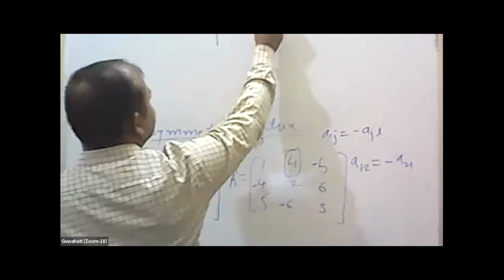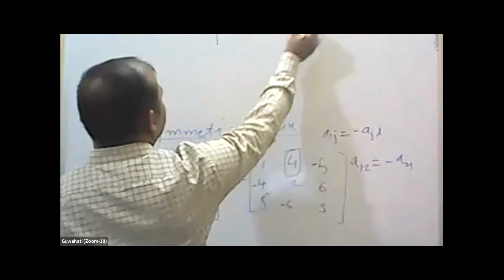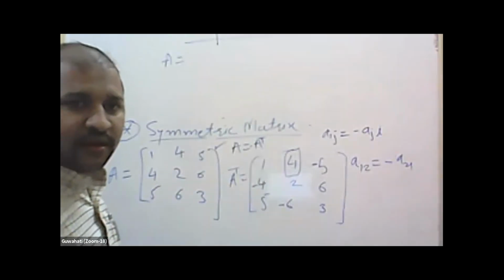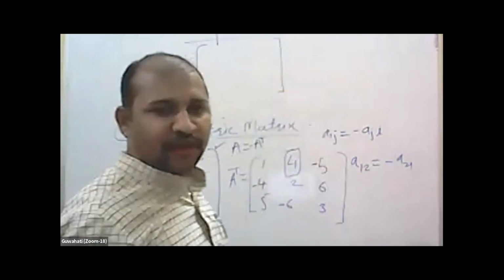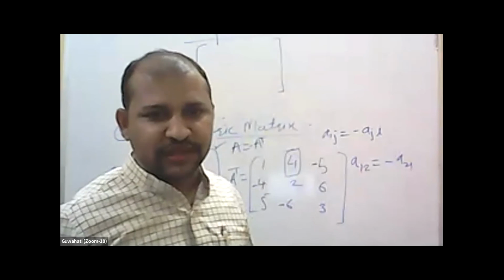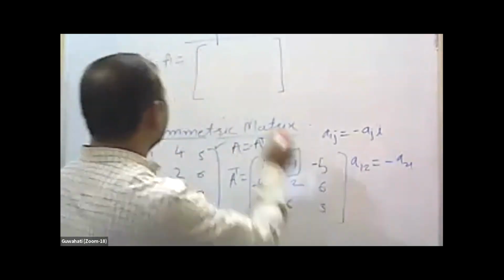triangular matrix? Okay. It should be a square matrix. A square matrix A is said to be a triangular matrix if either below the diagonal or above the diagonal, all elements are 0.